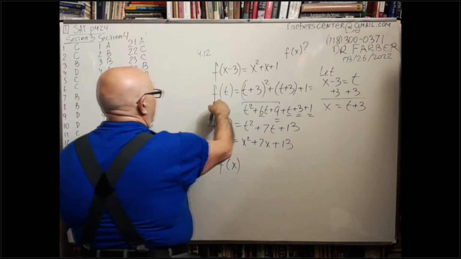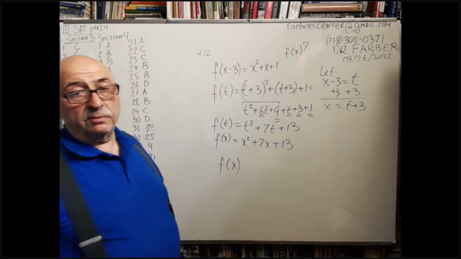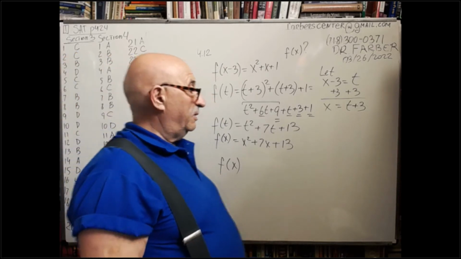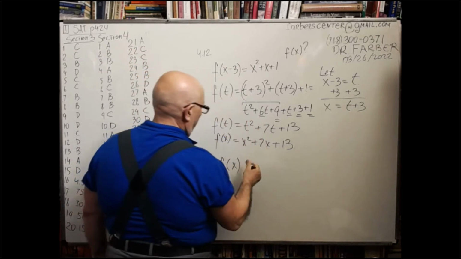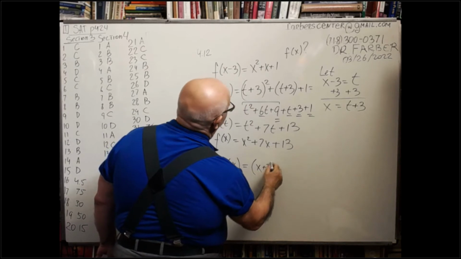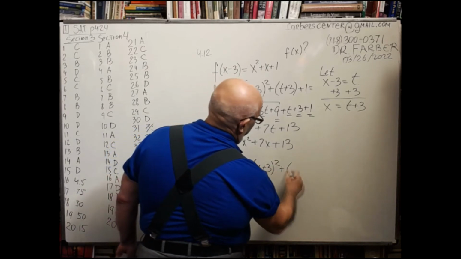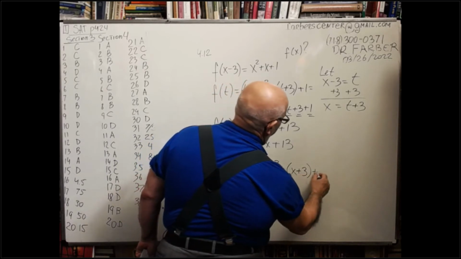Because a function of one term works for any variable. I can even put a hieroglyph here, right? If you plug in x instead of t, what will I get? I'll get x plus 3 squared plus x plus 3 plus 1.